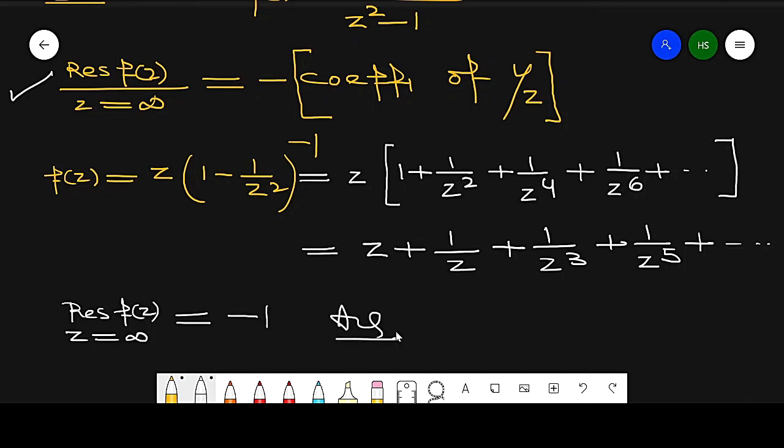So in this way we can also find the residue at infinity. Just apply that rule, then we will find the residue at infinity. The Cauchy residue theorem is very important. To solve using the residue theorem, you need to find the residue of the function.